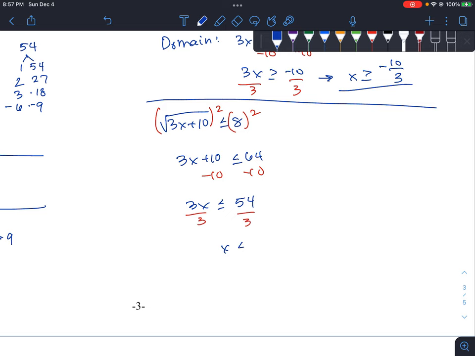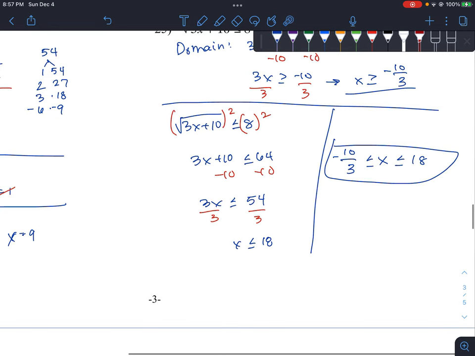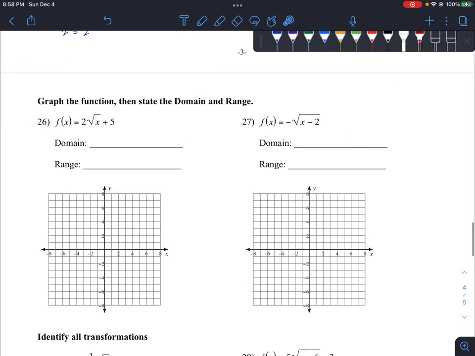So I get that x is less than or equal to 18. So that does check out with that. So we're going to have x is less than or equal to 18, and then greater than or equal to negative 10 thirds. So this does make a difference. So x has to be greater than that number, but also has to be less than that number. Okay, so that would be the final answer that you need.